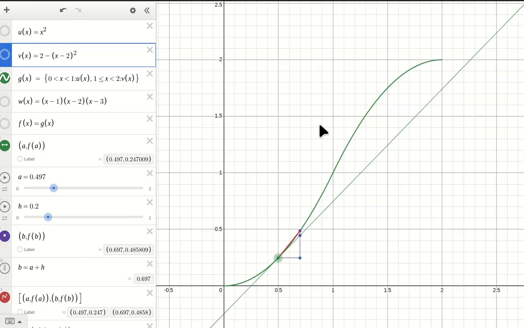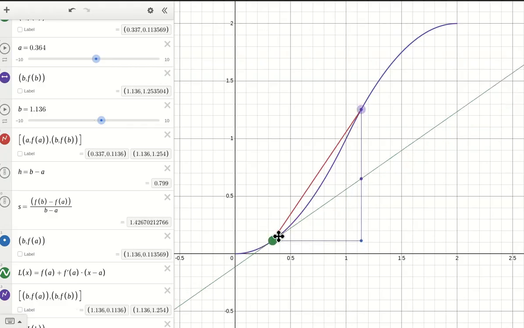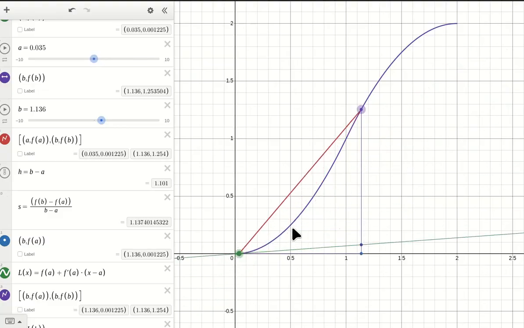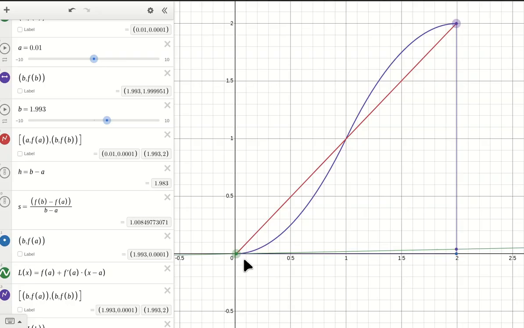Here's another drawing of the same journey. If we were to measure the average speed over the whole journey, we would have something like this. I just made this triangle.